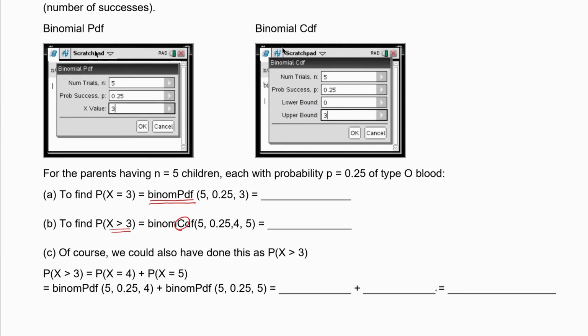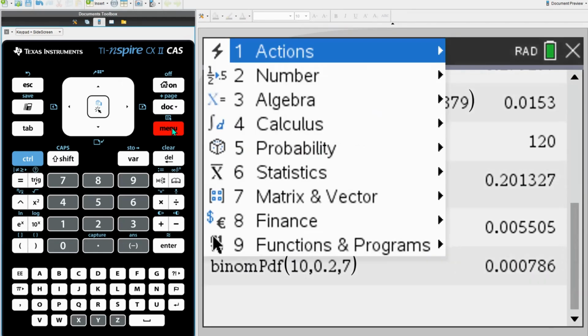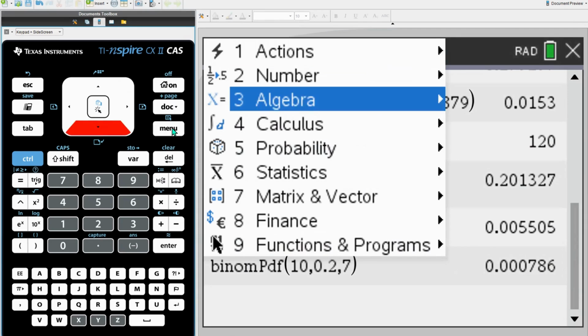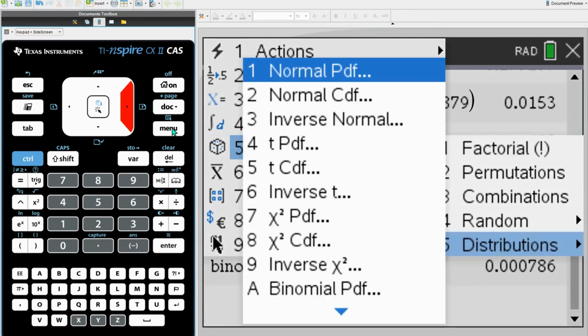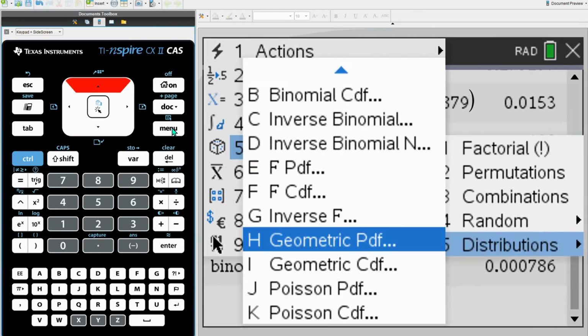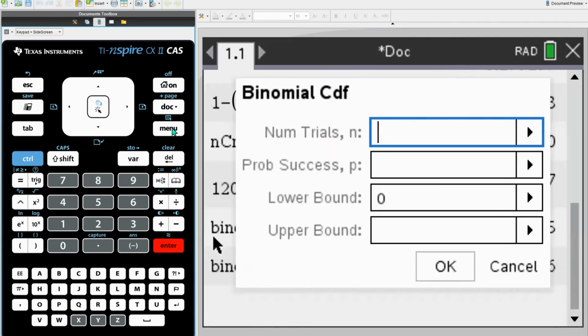So in the case where I want 6 or more successes, again, this is under probability, distributions, and it's at the bottom here. Binomial CDF. 10 trials, probability of success is 0.2. My lower bound, the lowest number of acceptable successes, is 6.